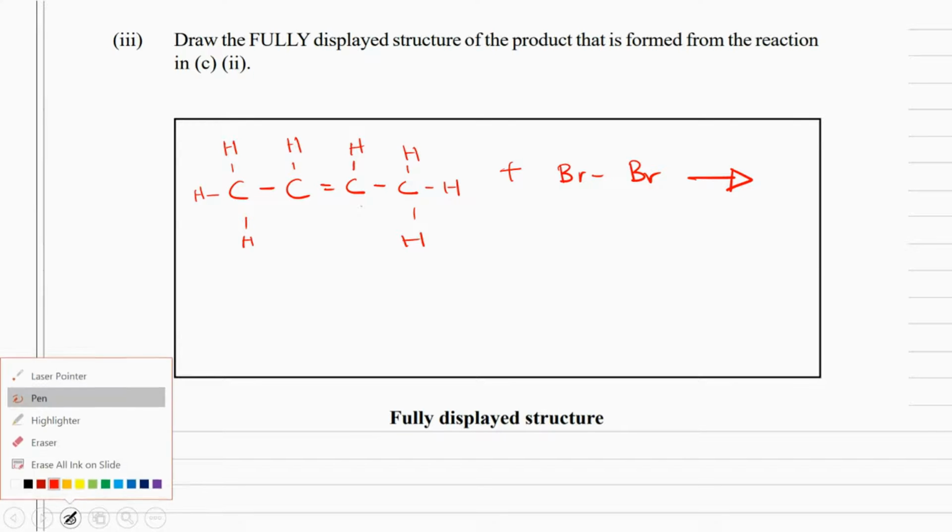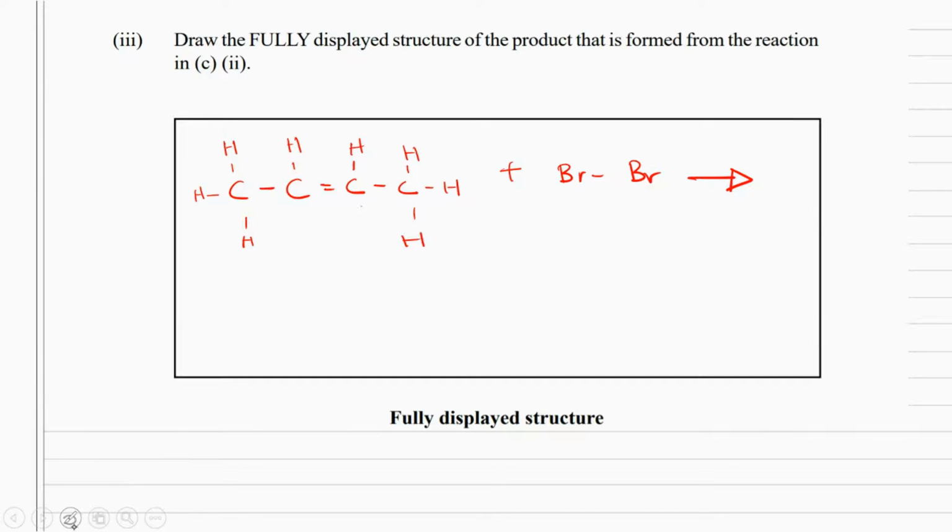The double bond is broken. This is our product here.